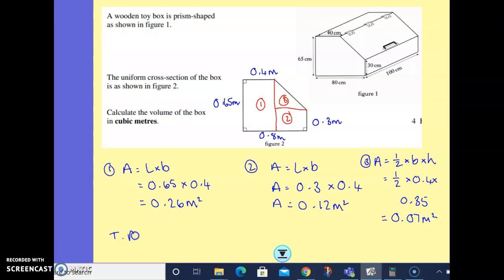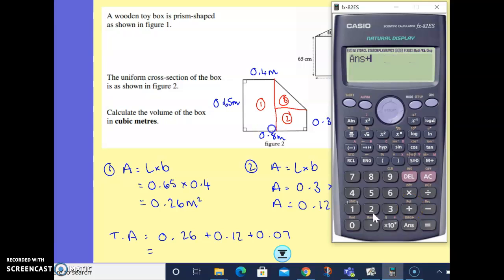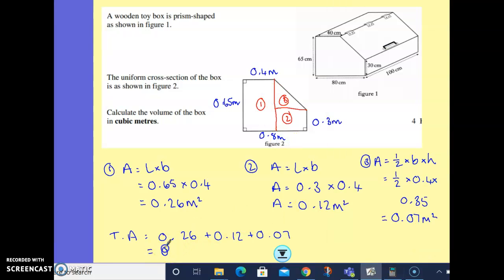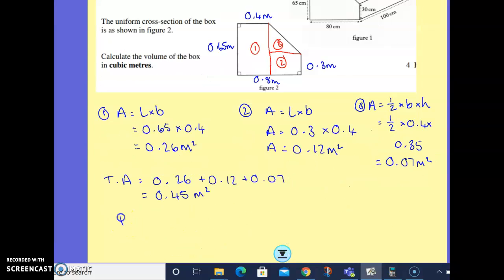Total area, add them all up, so we get 0.26 plus 0.12 plus 0.07. It comes out as 0.45 metres squared. Now that again is the area, not the volume. Volume of a prism is the area of the base times the height.